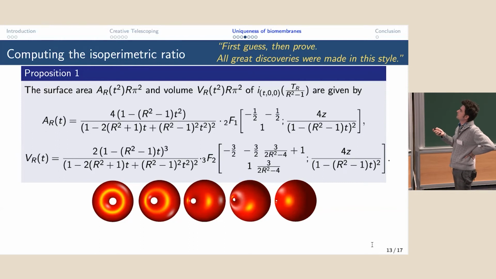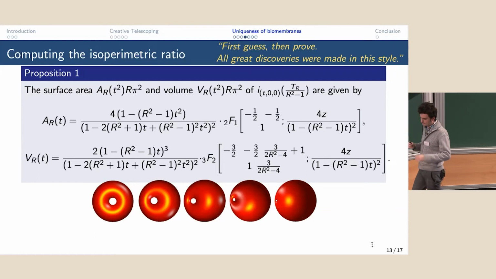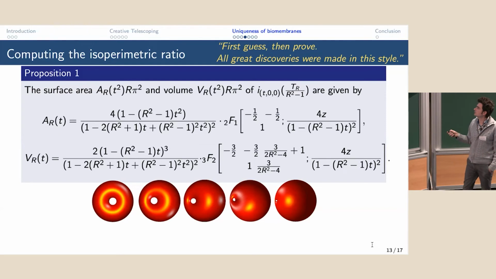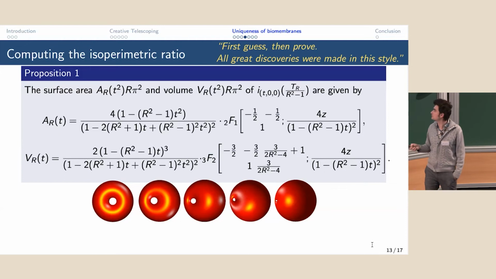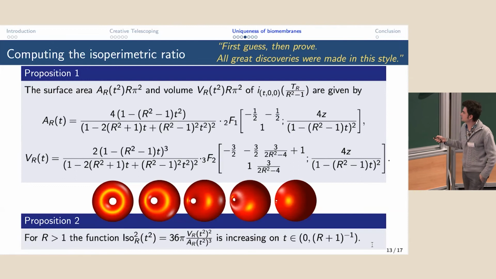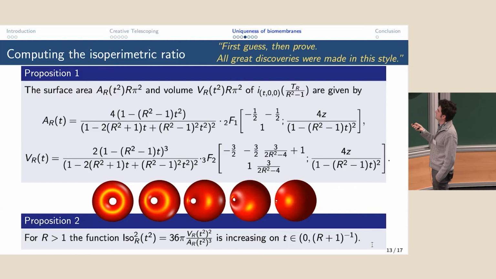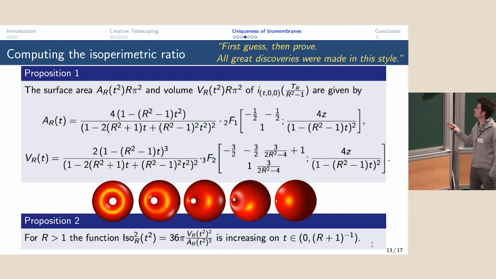First is that the surface area and the volume of this first translated or scaled and then inverted shape of the Clifford Torus are given by these pullbacks of hypergeometric functions. And the second is that if you now compute the isoperimetric ratio, or the square of it, which is defined like this, so you take the volume squared and the area cubed, then this function is increasing with t.